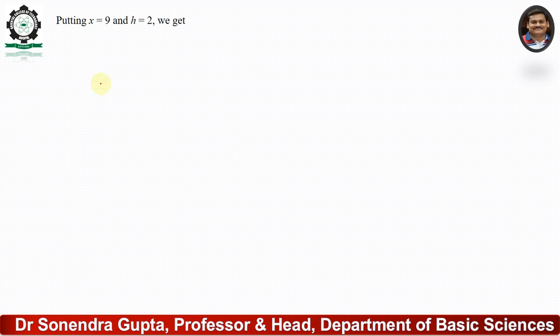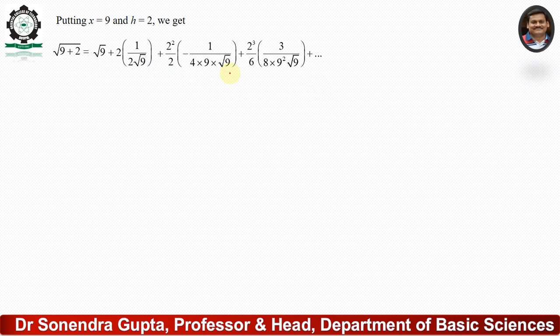Now putting x equal to 9 and h equal to 2, we get root 9, plus 2 upon 2 root 9, and so on. Now calculate all these terms: root 9 equal to 3, then 2 and 2 cancel, then 1 upon 3 equal to 0.333 and so on. Now we can solve this expression, then we get 3.31618, which is near the value of root 11. You can calculate this value with the help of the calculator.